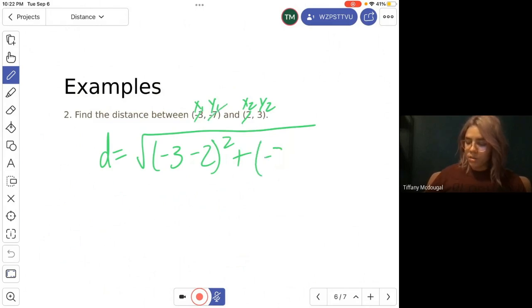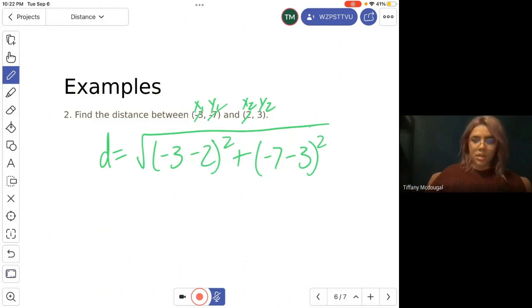y1 minus y2 squared. And then step 3, I'm going to take that and plug that into my calculator. I get the square root of -3 minus 2 squared plus -7 minus 3 squared.